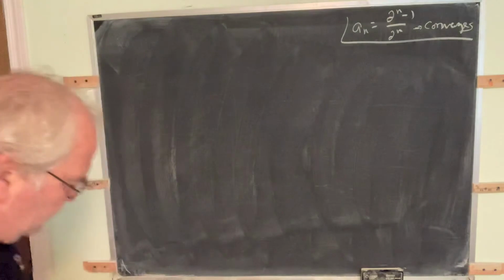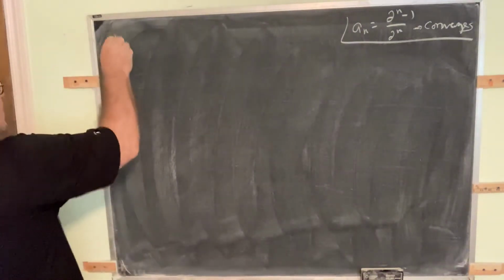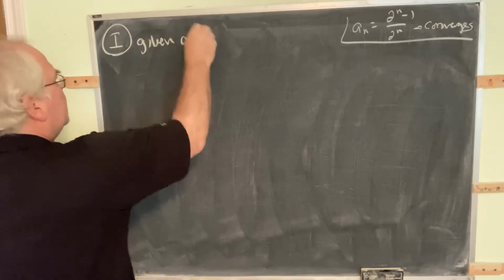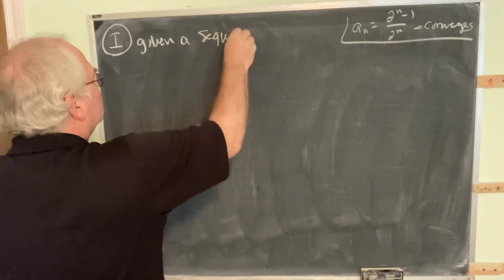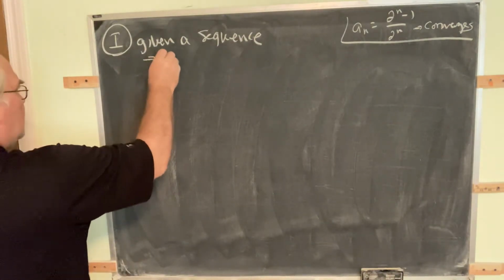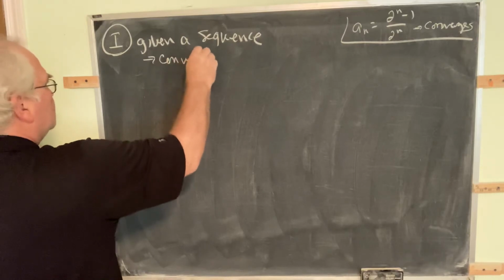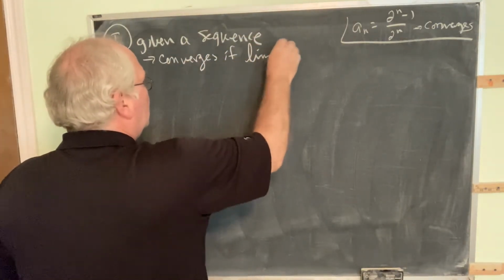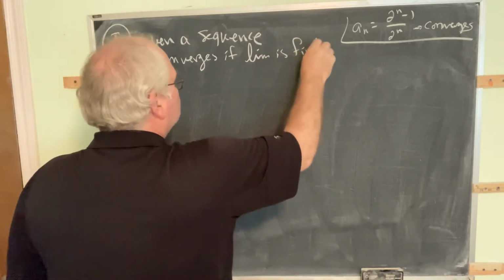All right? So, given a sequence, it converges if the limit is finite. All right?